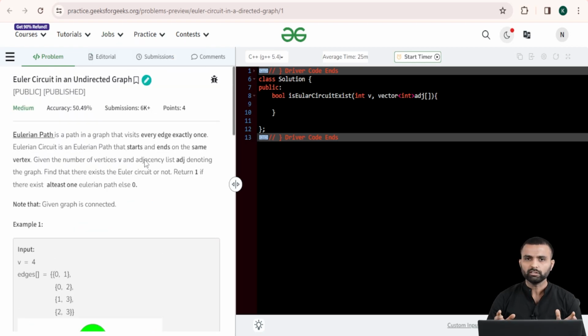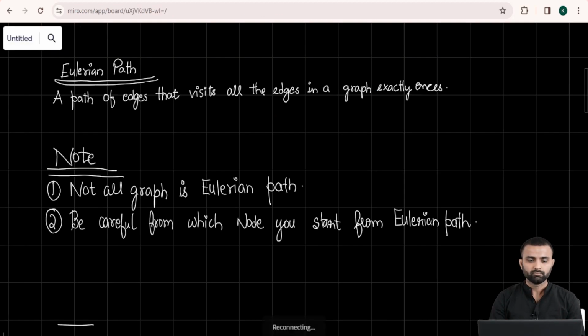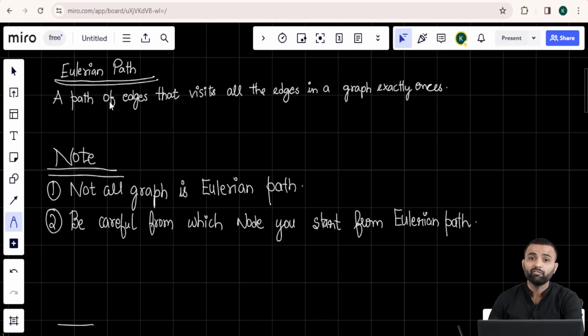Before going into the discussion of this question, let's first understand the meaning of Euler path. The simple definition is a path of edges that visits all the edges in the graph exactly once.